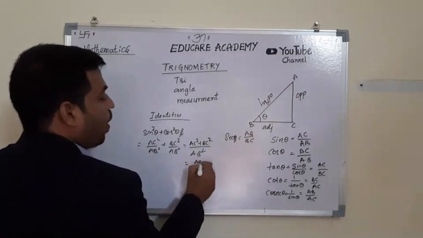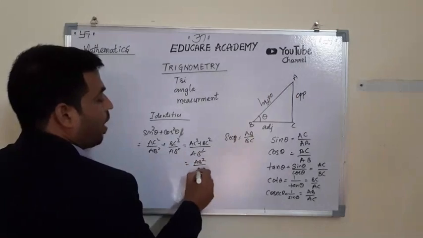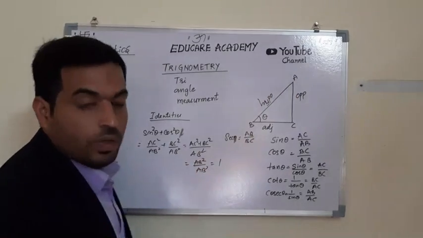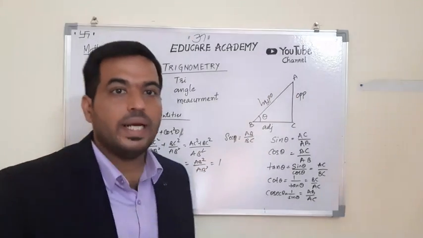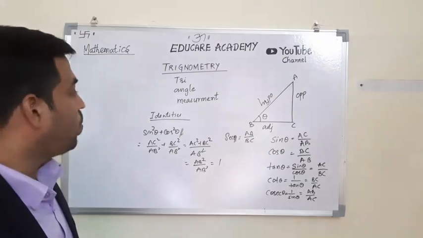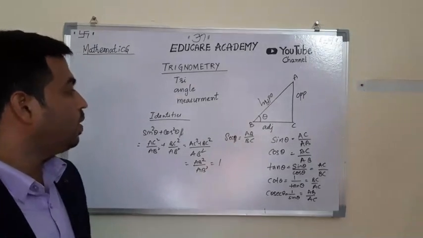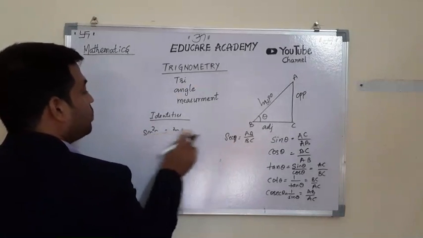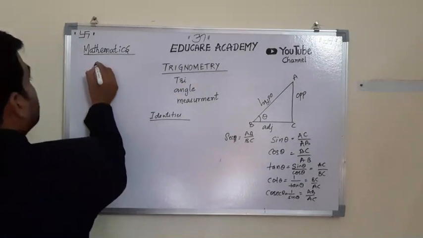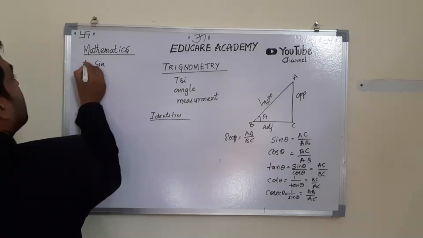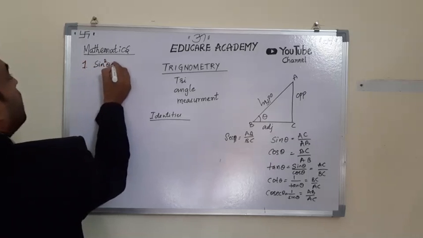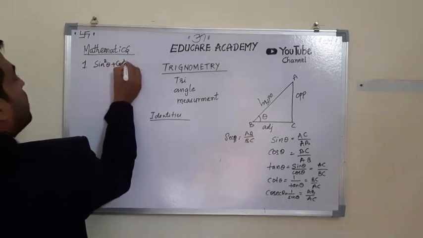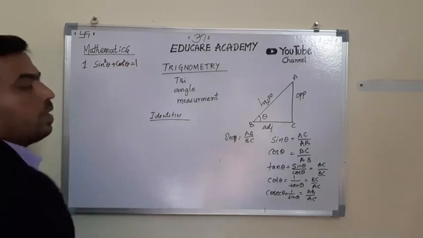So AB square divided by AB square is equal to 1. So the first identity is sin square theta plus cos square theta is equal to 1. You can write this value over here.